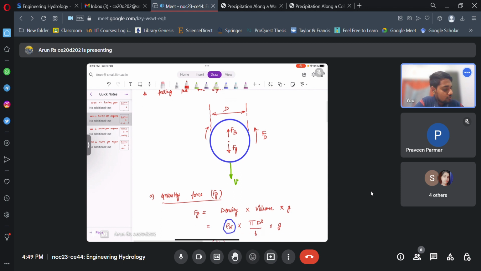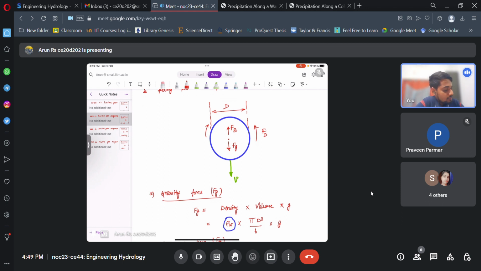Okay, so let's say we have a droplet, and there are 3 different types of forces acting on it. So first is the Fg, which is the force due to gravity, and it comes because of the weight of the droplet. The second force is the buoyancy force, which is a resisting force because of the air.